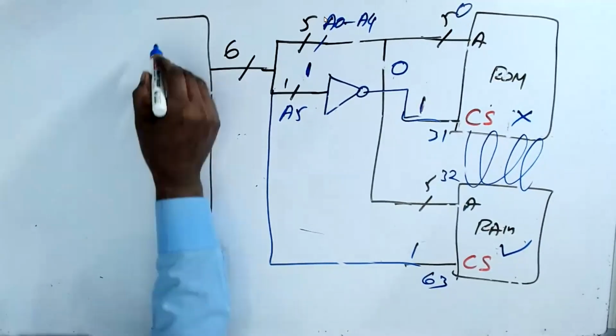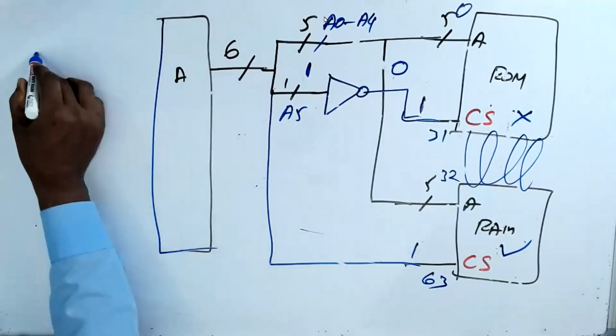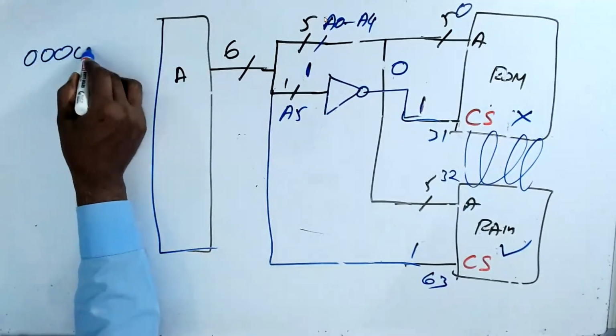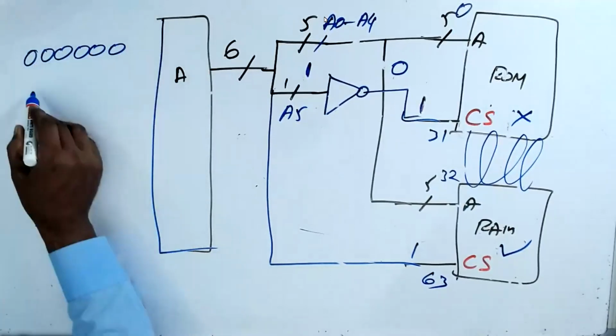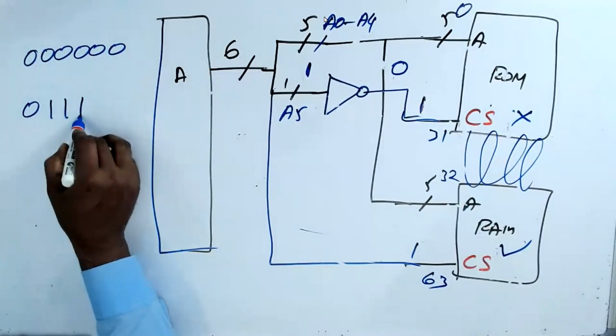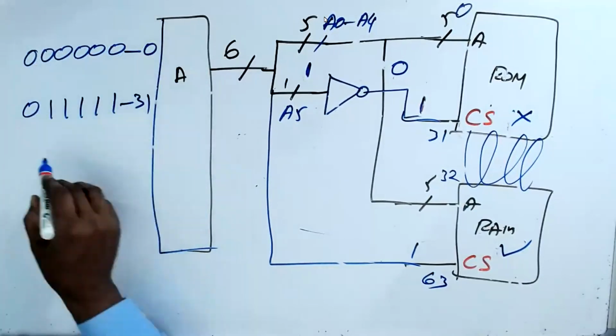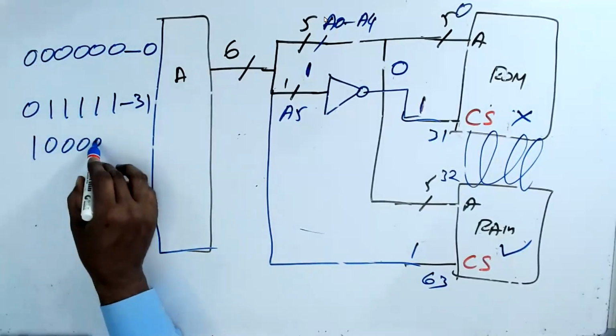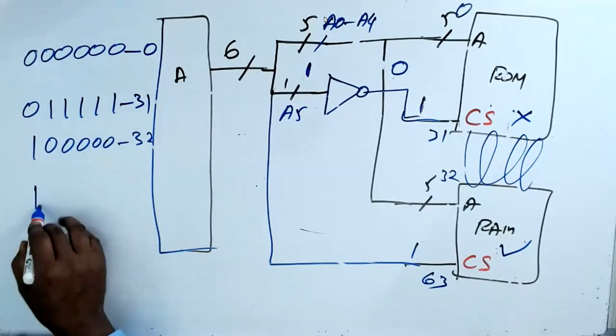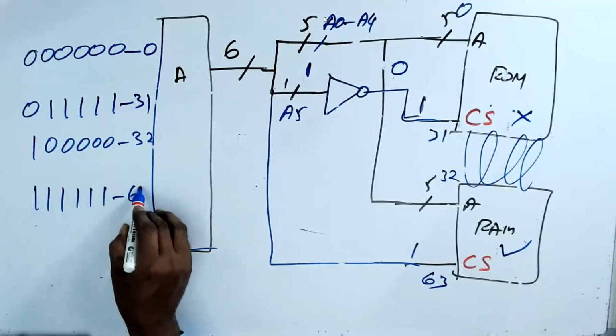That's the point now. 000000 to 011111: this is 0, this is 31. 100000 is 32. 111111 is 63.